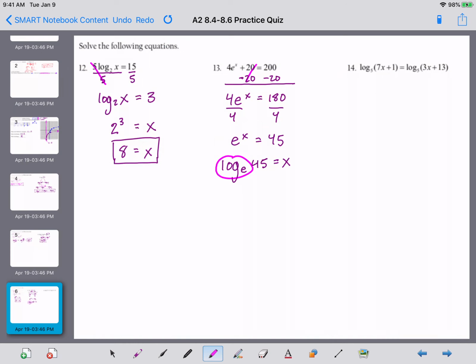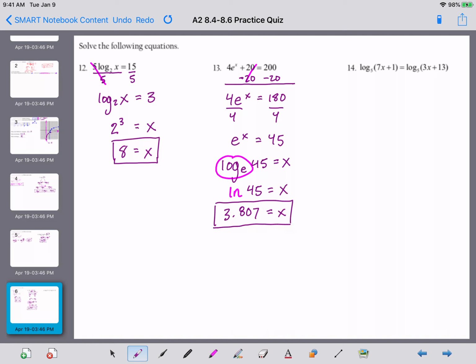So we're going to replace that with the natural log of 45 is equal to x. Go ahead and grab your calculator, plug in ln 45, and we get about 3.8066664. So there's our answer.